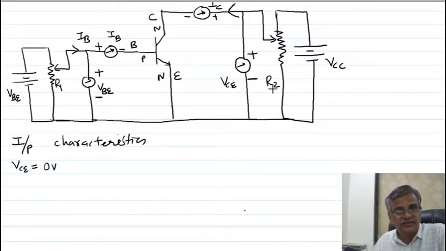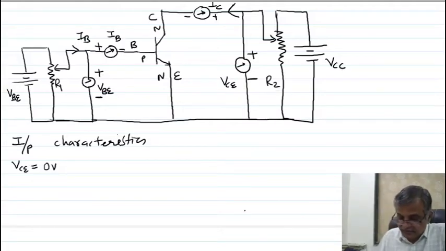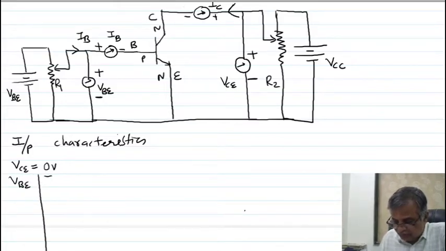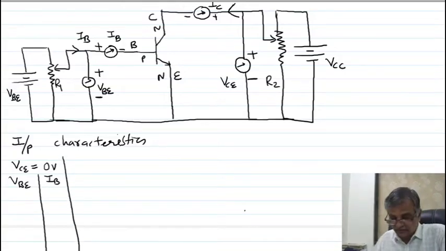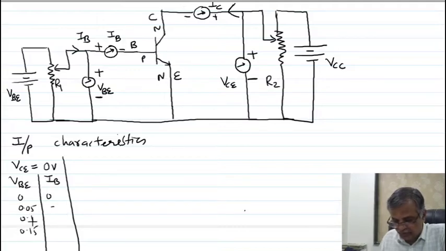You keep the VC fixed. I have kept 0 voltage. Second, vary the value of base emitter voltage and note down the corresponding value of the base current. Means you keep 0, 0.05, 0.1, 0.15.